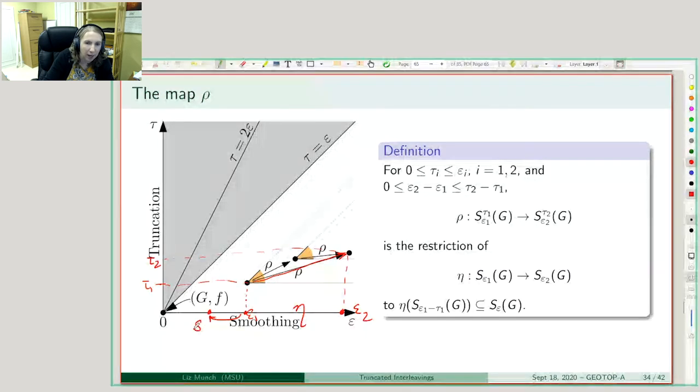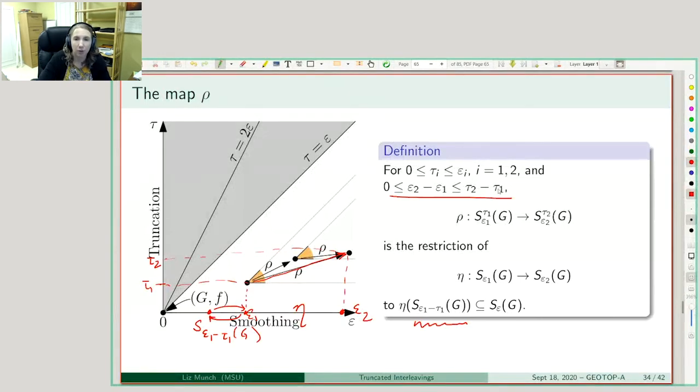So this would be S_epsilon1 minus tau1 of G, and look at the image, basically following your nose along those maps. So if you chase these inequalities around, I need to restrict myself to being below the line tau equals epsilon, otherwise this backwards smoothing doesn't actually make sense.